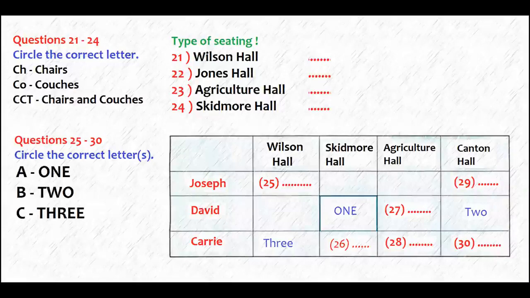In the second part of the discussion, David, Joseph, and Carrie continue talking about conducting a survey.